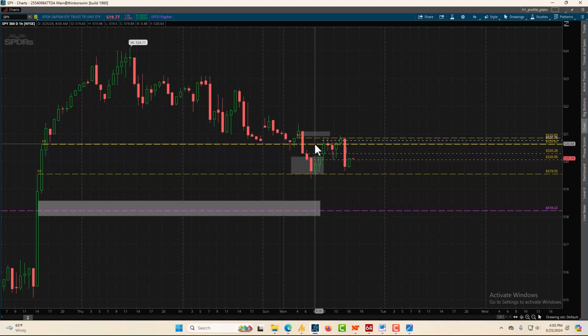So basically for this level, it breaks down with a gap, and then it moves up, breaking up with no gap at all. Let's see how it plays out tomorrow.